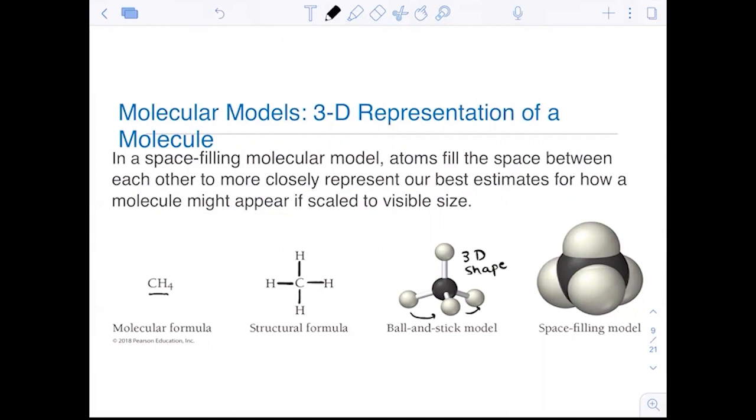This is where we'll get in chapter 5 and 6. It'll be very exciting. Space filling models are a little bit more accurate representation of what we think molecules might look like. But again, we won't be hanging out with those space filling models. We'll do some ball and stick models. We'll do a lot of structural formulas and definitely a lot of molecular formulas.